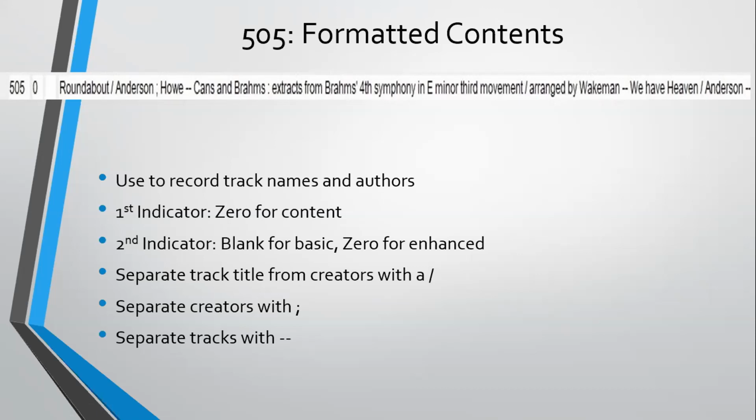Separate creators are going to be separated with a colon if they worked on that same title. And then you're going to separate tracks or discs, whatever your main part is here that you're dealing with, with a dash. So space, dash, space for those.